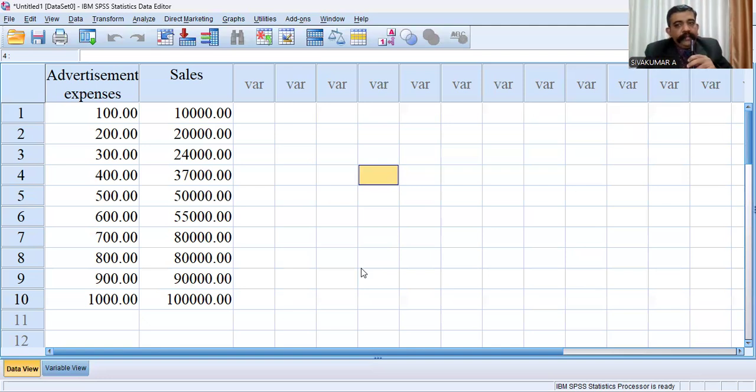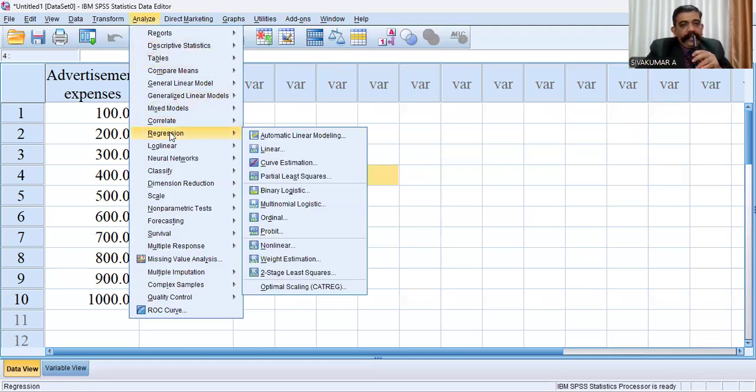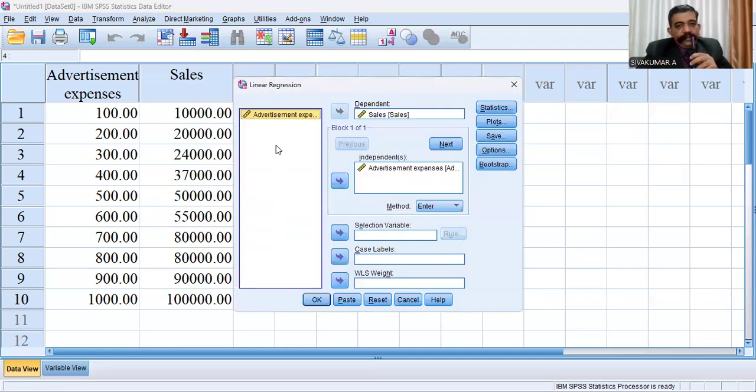You can see the values. Then click Analyze, Regression, Linear. The screen asks what the dependent variable is. Sales is the dependent variable. Advertising expenditure is the independent variable.